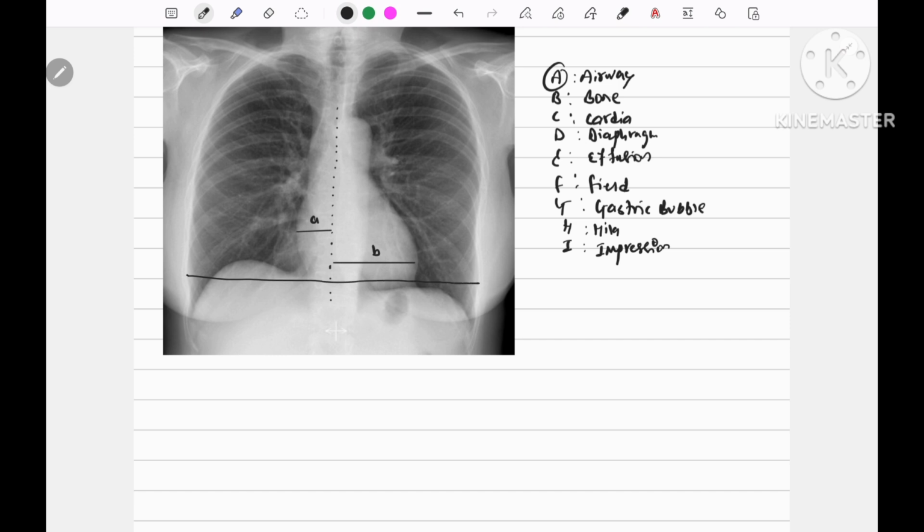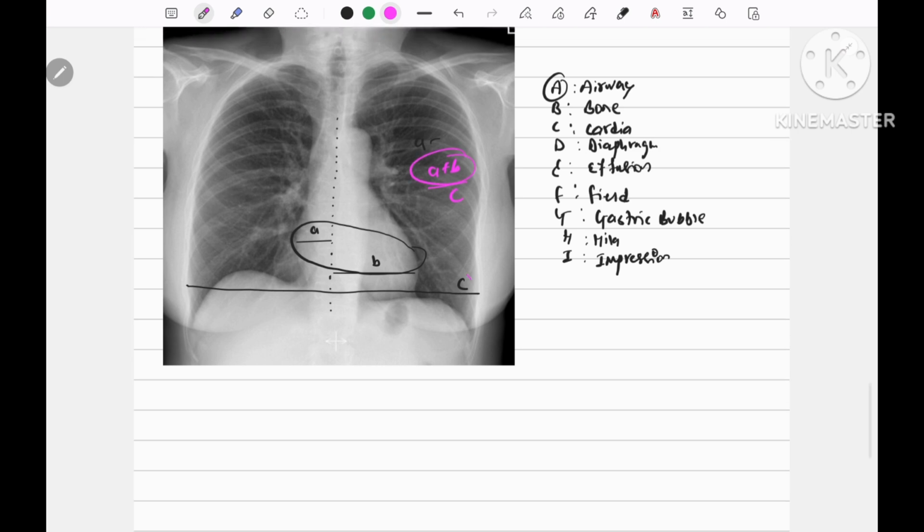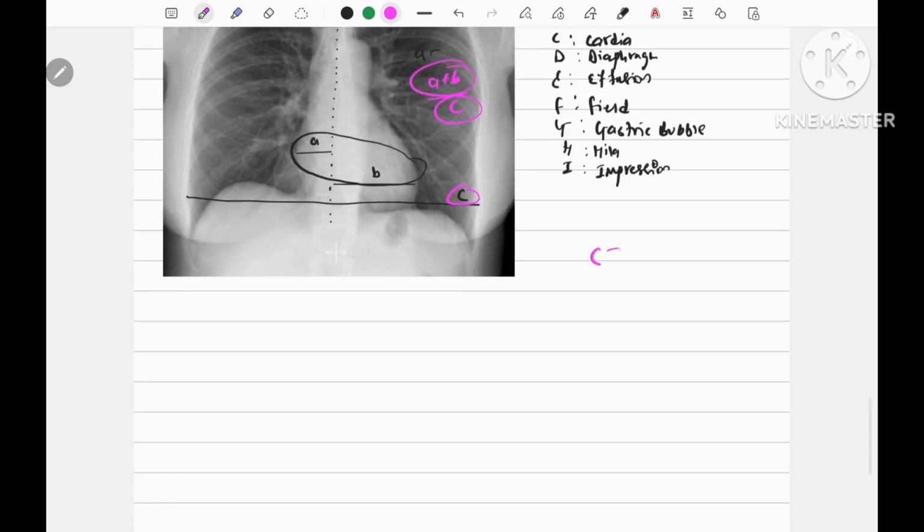Now what we will do is add these distances and compare with this. So A plus B divided by C. This is the cardiac measurement and this is the thoracic measurement. So we calculate the CT ratio, the cardiothoracic ratio.